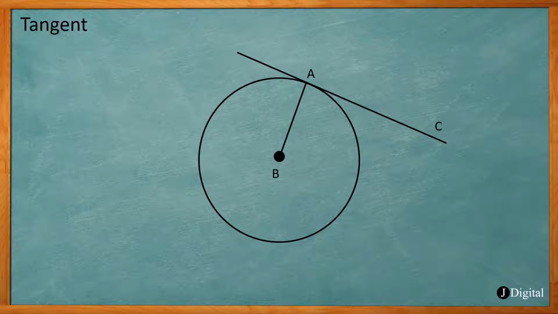Now if we have a line that's tangent to the circle, line AC, and we have our radius that intersects at the same point that the tangent does. And what is a tangent? A tangent intersects a circle at exactly one spot. So I have my radius that intersects at that same spot, and this angle here will be a right angle. So that's when you have a tangent.